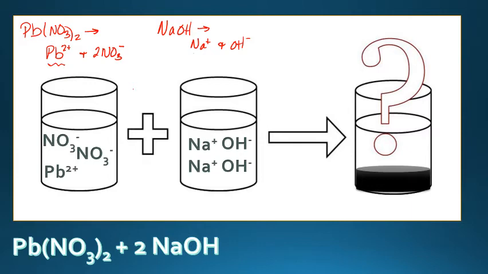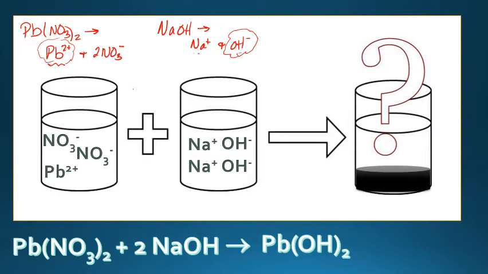So, is it going to be the sodium or the hydroxide? That's correct. It's going to hook up with the hydroxide because it has a negative charge. Now to make the compound, look at this. We have lead with a 2+ charge. We have hydroxide with a -1 charge. So the formula is going to have to include 2 hydroxides, like that.